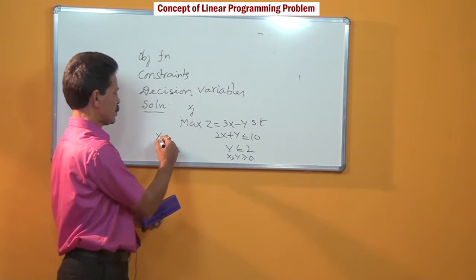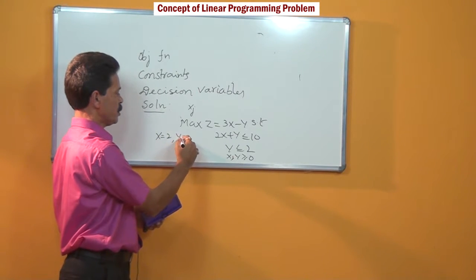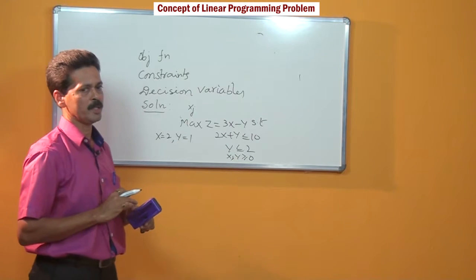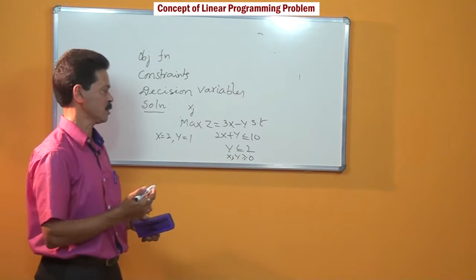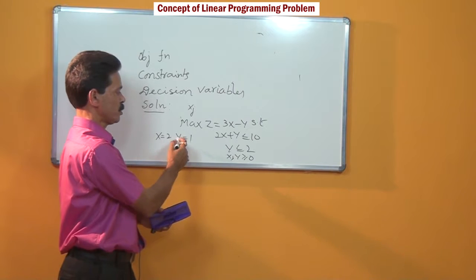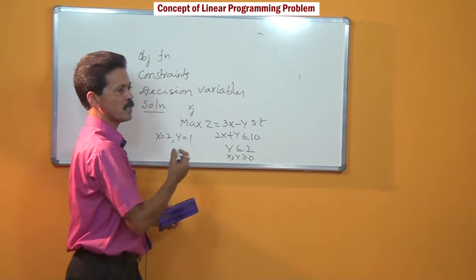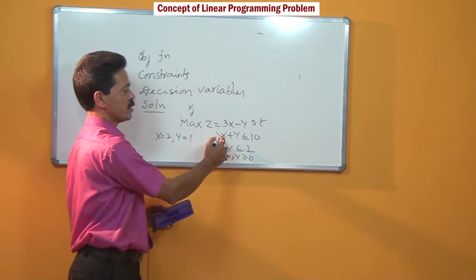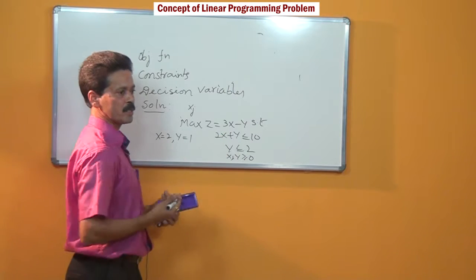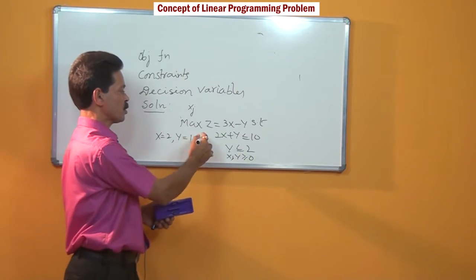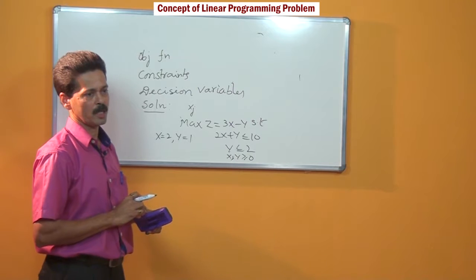Here x = 2, y = 1 is a solution of a linear programming problem, because if you substitute x = 2 and y = 1 in both the constraints, you observe that both the constraints are satisfied. That is why it is called a solution of a linear programming problem.